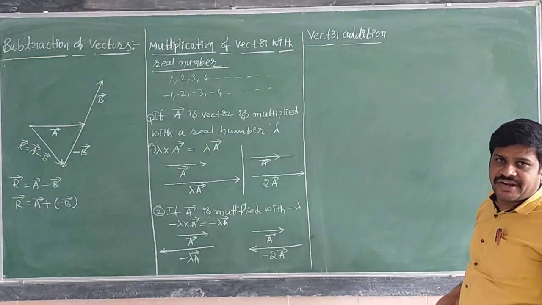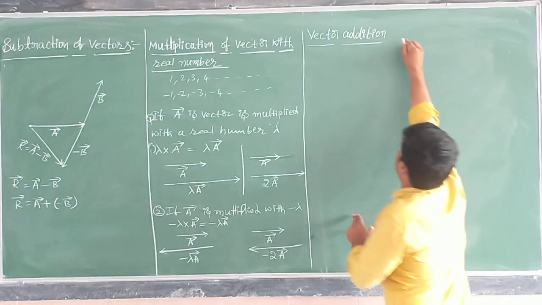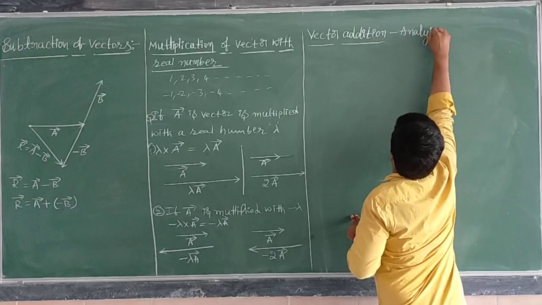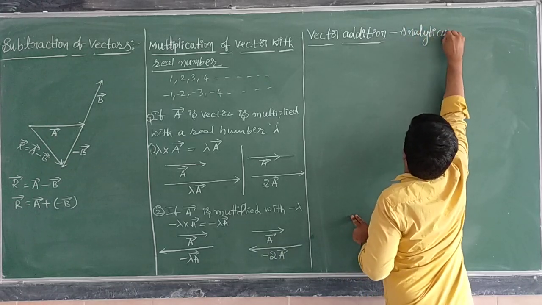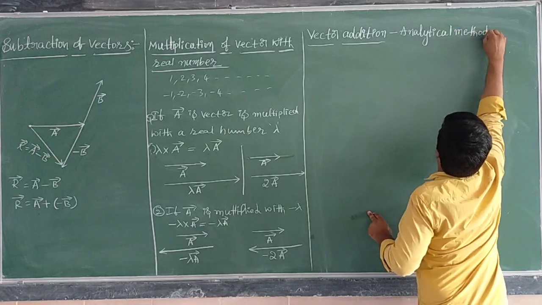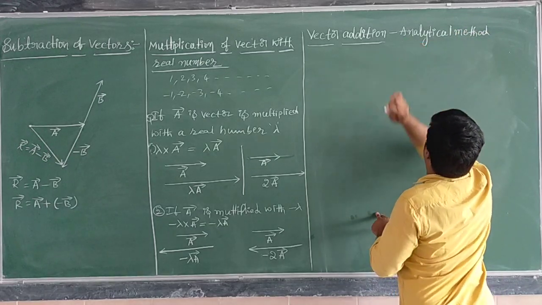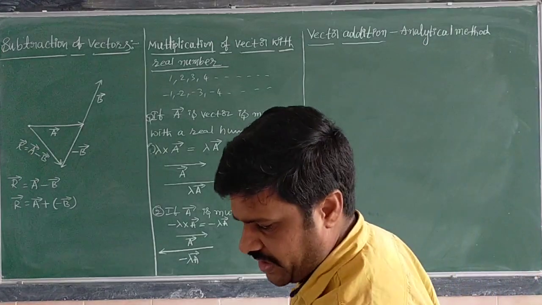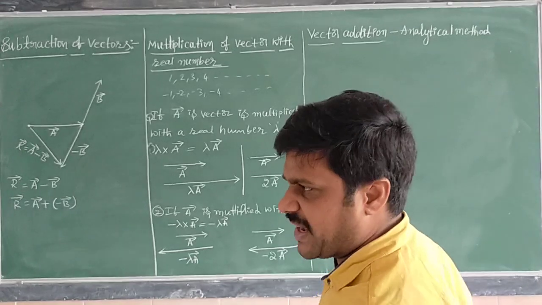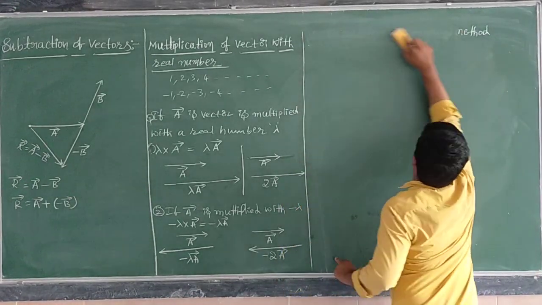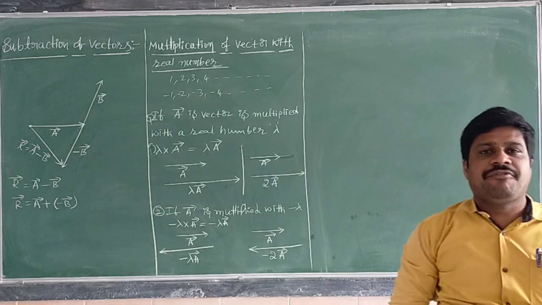Now here we have vector addition in the analytical method. Before going to vector addition in the analytical method, we have some other topic. Let me complete that topic. What is the name of the topic? Resolution of vectors.